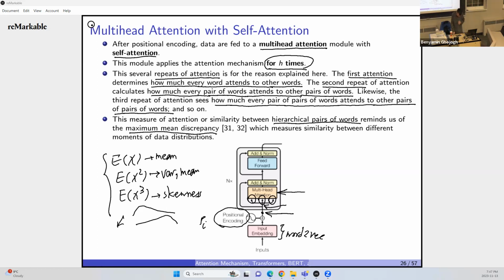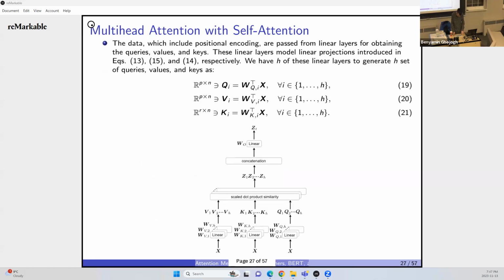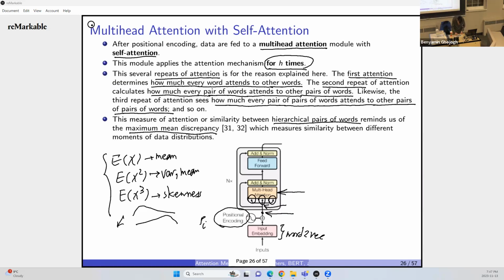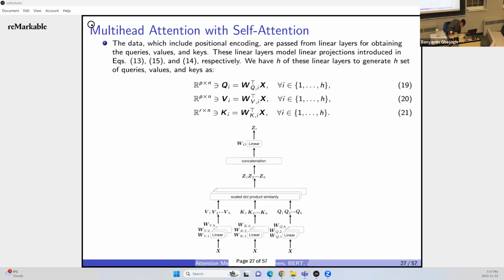Anyways, where were we? Okay, we are still in multi-head attention in this module. What do we have? We have queries, values, and keys, right? It is self-attention, right?